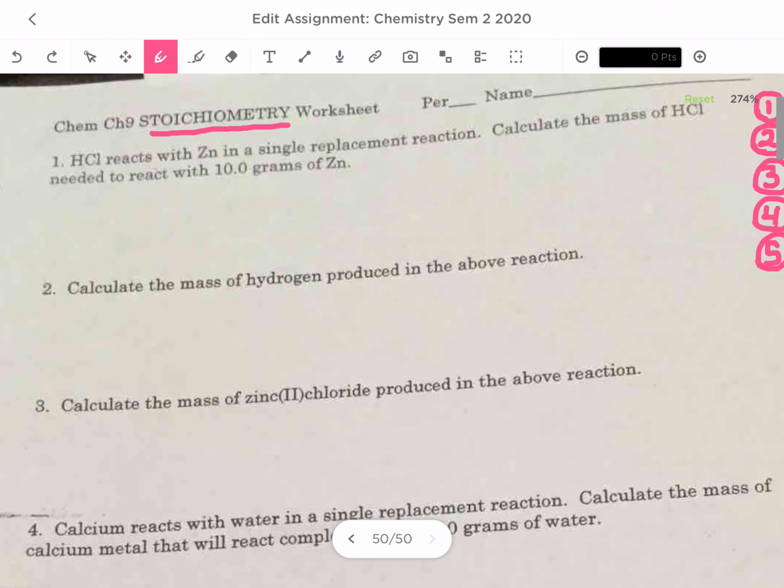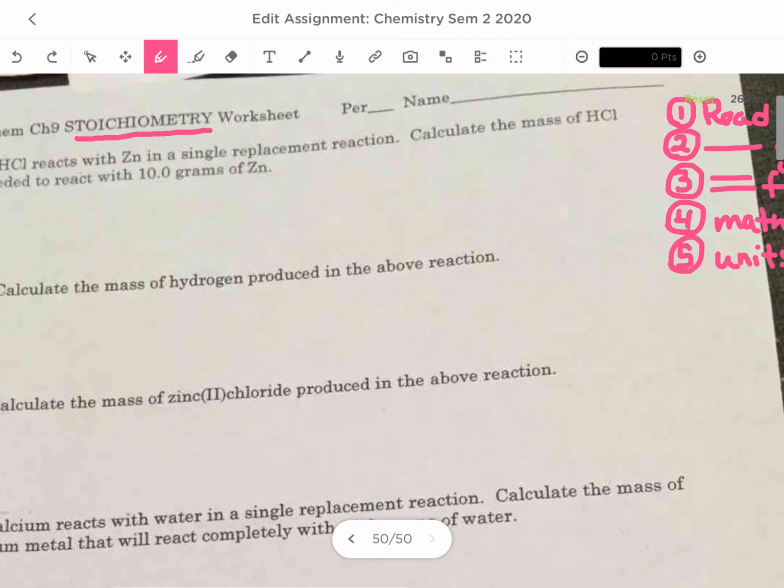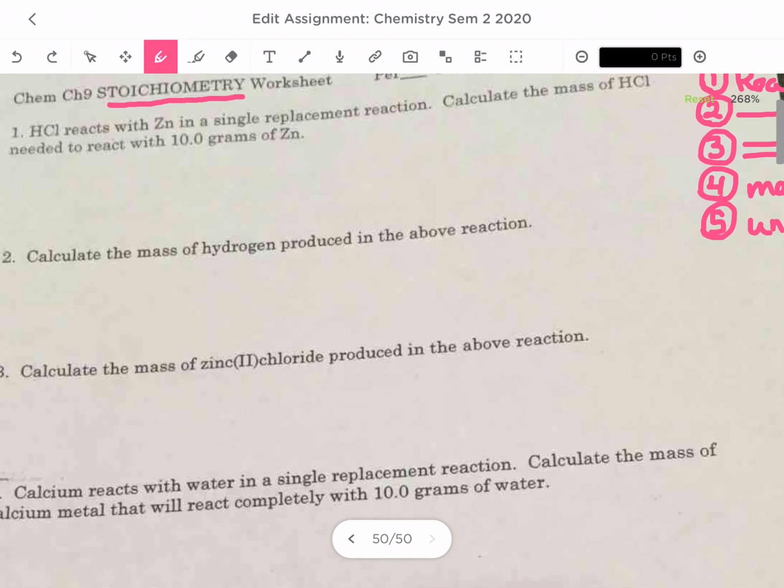Number 1 says HCl reacts with Zn in a single replacement reaction. Calculate the mass of HCl needed to react with 10 grams of zinc. Number 2 says underline the given. Well, that's pretty easy. Right there's our number, so I'm going to go ahead and underline it.